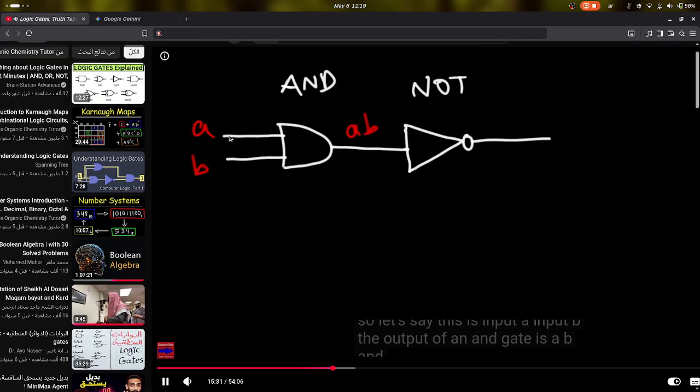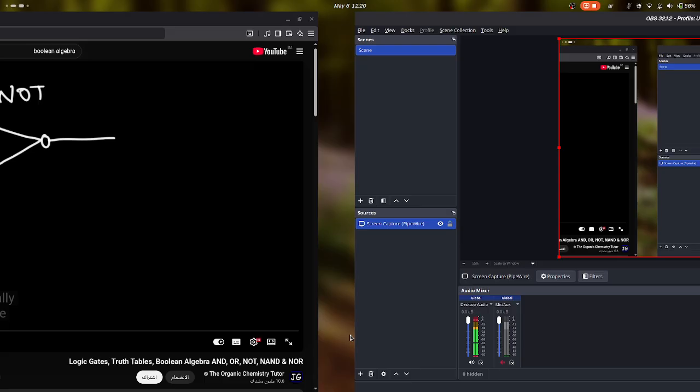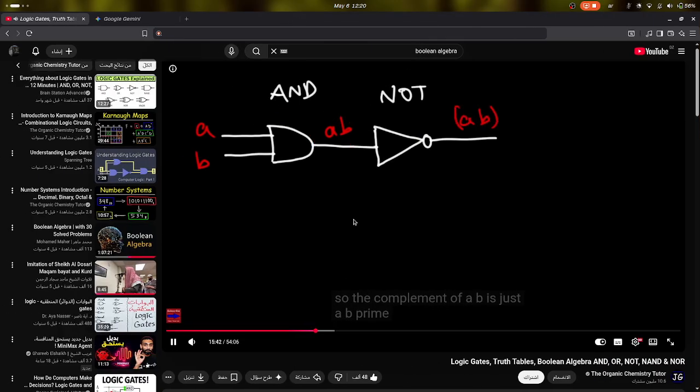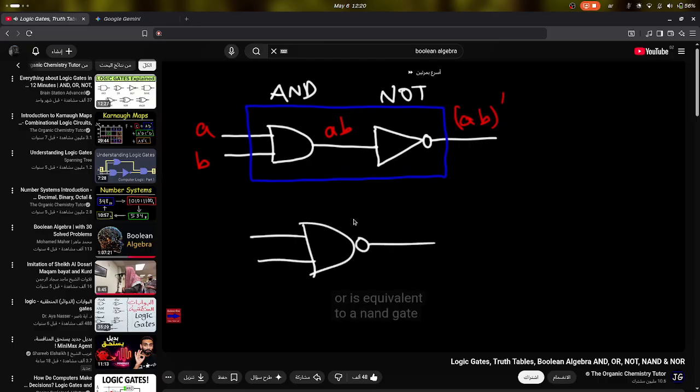Once you use a NOT gate, it basically takes the input and gives you the complement of that. So the complement of AB is just AB prime. And so the combination of these two logic gates is equivalent to a NAND gate.